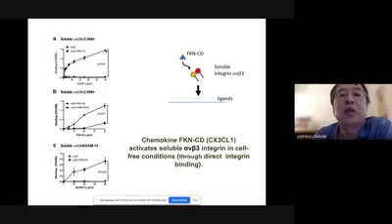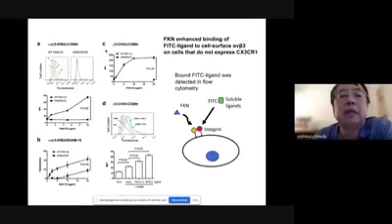So soluble integrin can be activated directly by chemokine. That is a kind of big surprise. We were also able to show cell surface integrin can be activated by fractalkine like this. I won't go into detail, but it's the same thing.